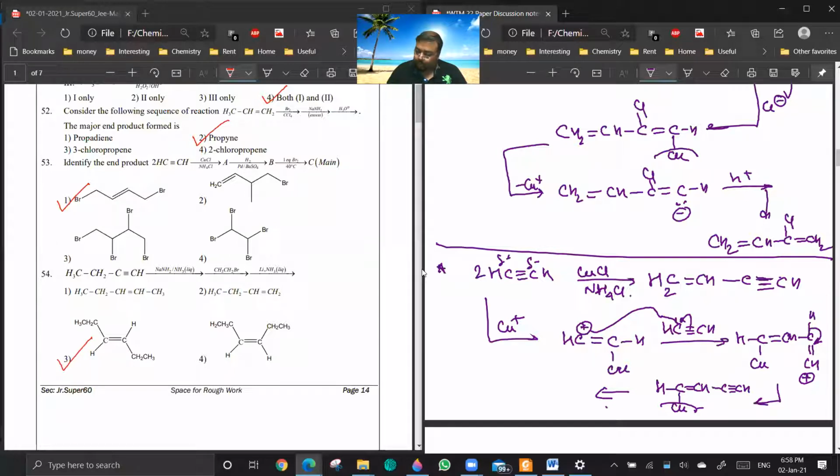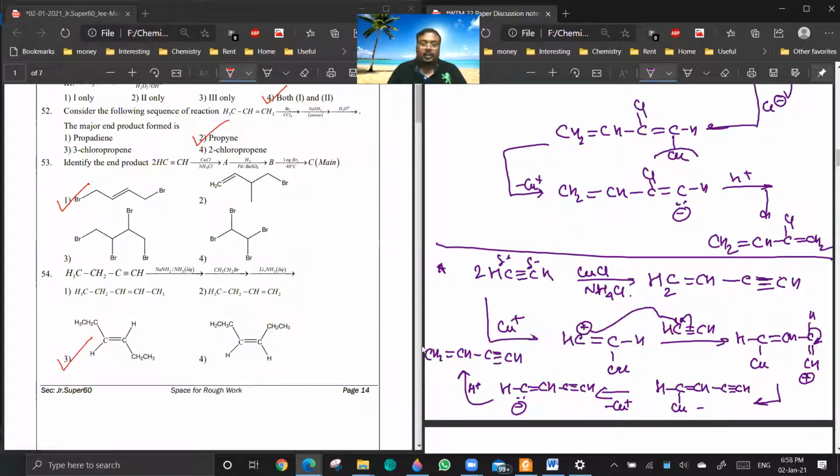And you'll be getting, see, CuCl here is acting as a catalyst. So at some point of time, it has to leave the molecule and form this thing. And then this is going to take an H+ from NH4Cl and form CH2 double bond CH, C triple bond CH.